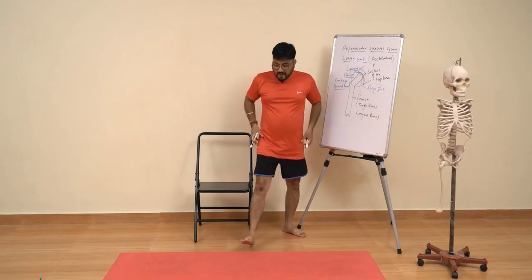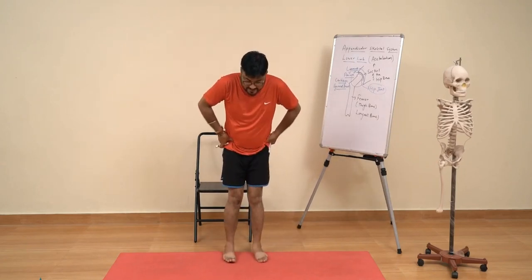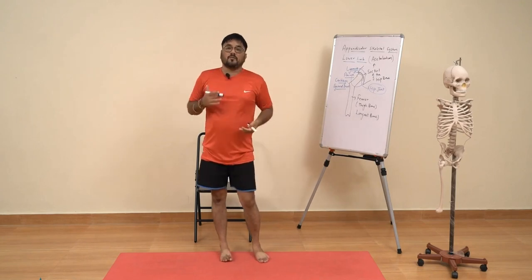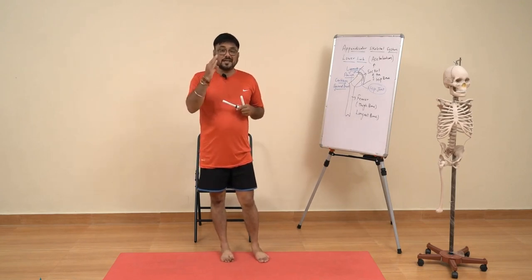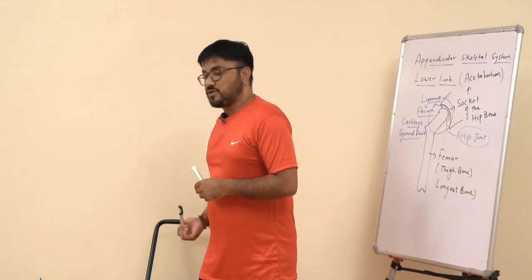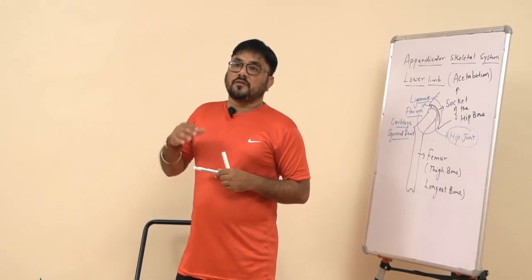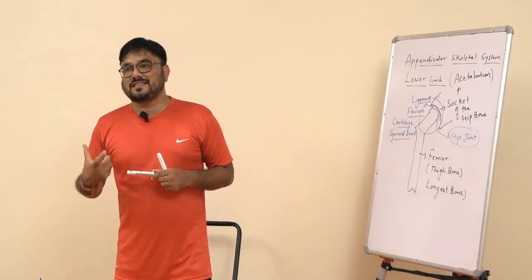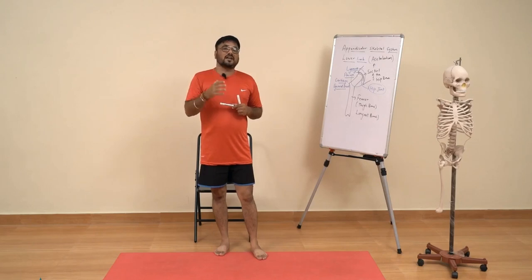If you are not allowing any space here, this is why hip surgeries and hip replacements are more common nowadays, because of our poor postural habits, poor alignment in sitting and standing, and not creating enough space and enough stretching.